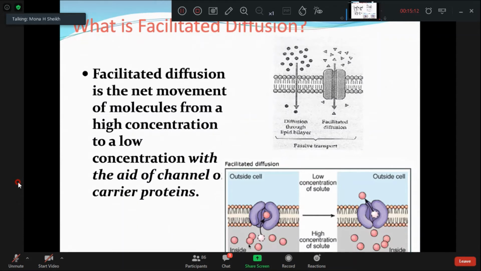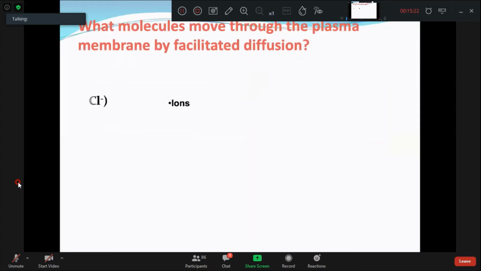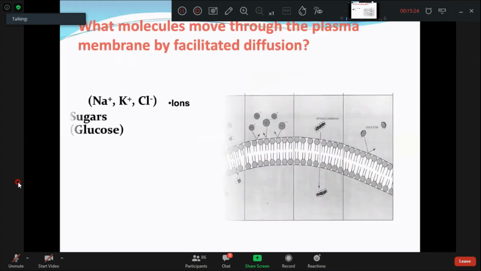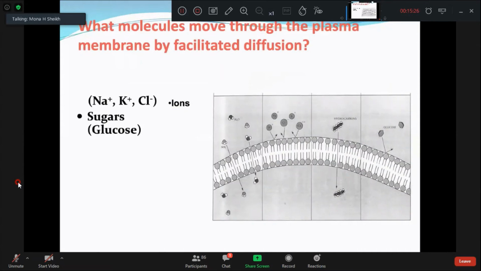So here it's high, it attaches to the protein and then releases it outside. Okay, from high to low. So what kind of ions move by facilitated diffusion through the plasma membrane? Think of it.